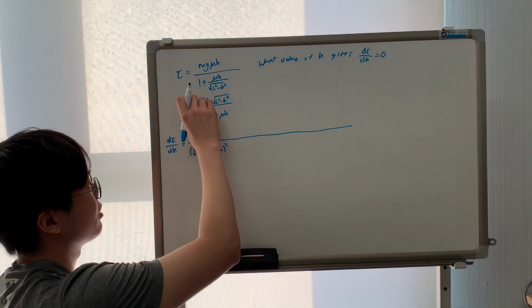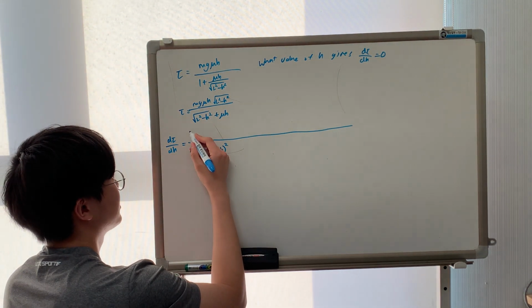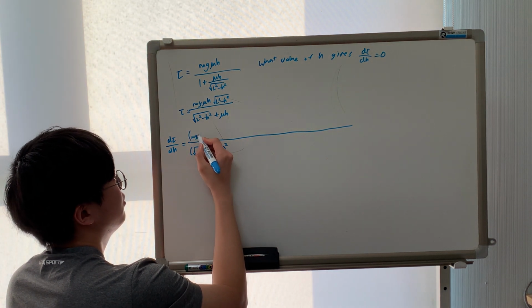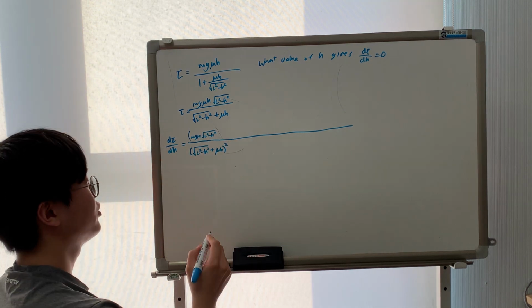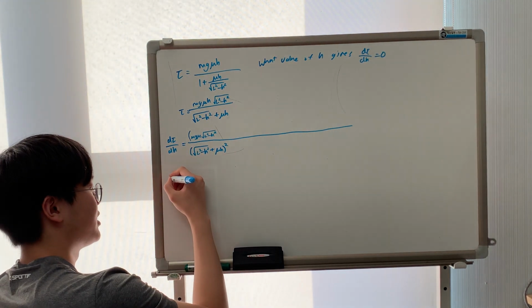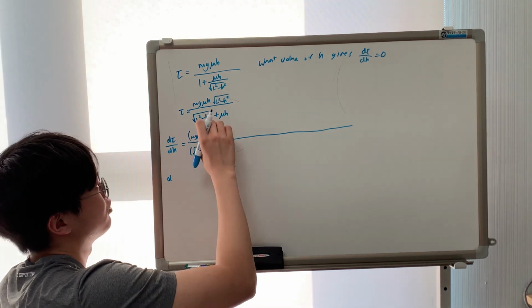Well, first of all, we differentiate the numerator, and that's going to give us mg mu square root of L squared minus h squared. Well, before we do that, let's find the derivative of the square root of L squared minus h squared, because that's going to be used quite a lot.